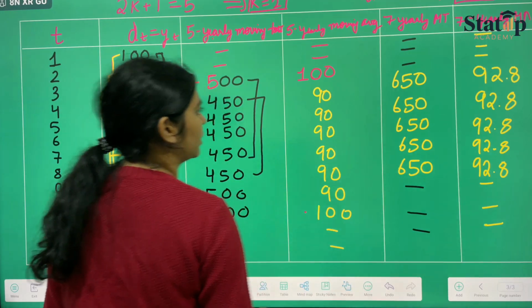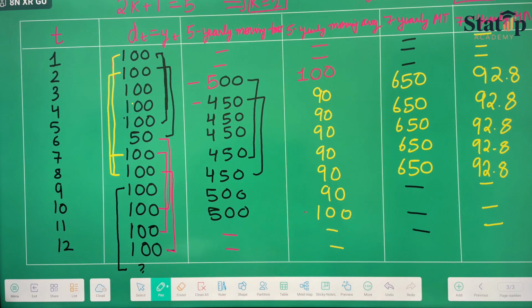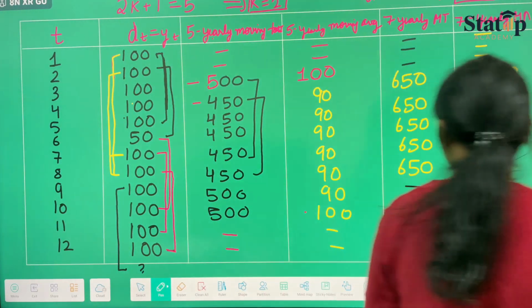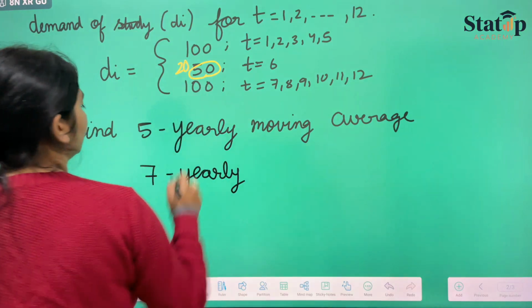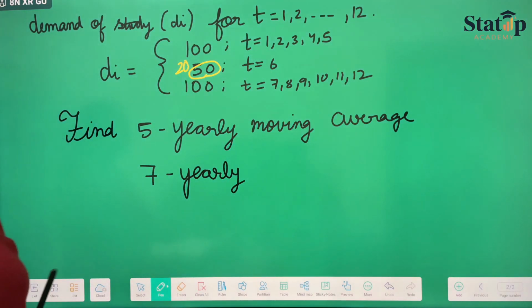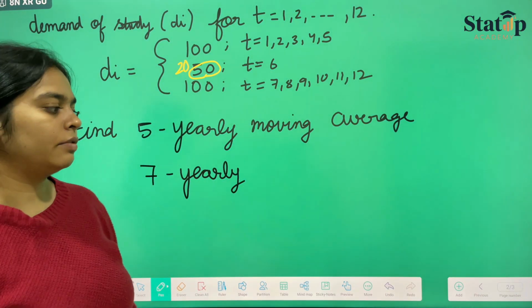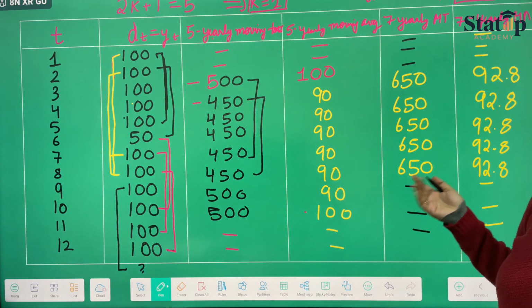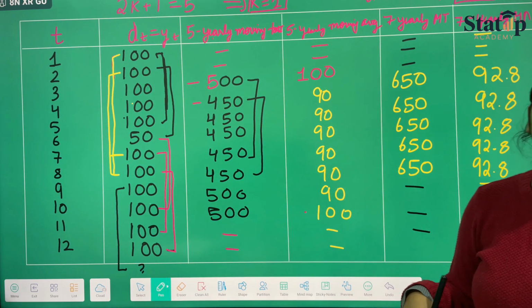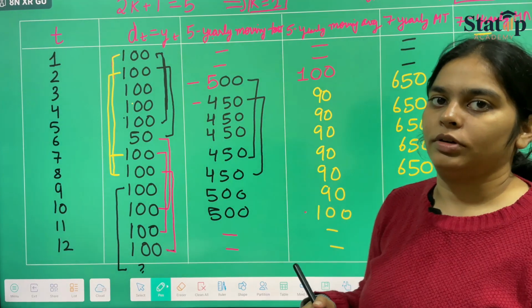And skip two values. So it was 90 only. Actually, we were getting confused because of the question. The question was here, instead of 50, it was 20. So you can try it for yourself. Instead of 50, you can write 20 and then solve these 5 yearly and 7 yearly moving average methods.